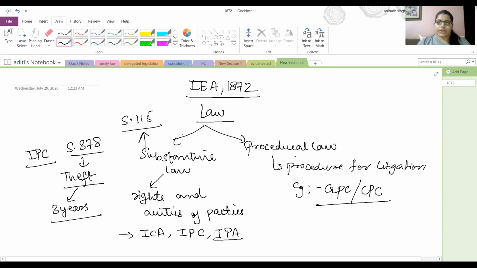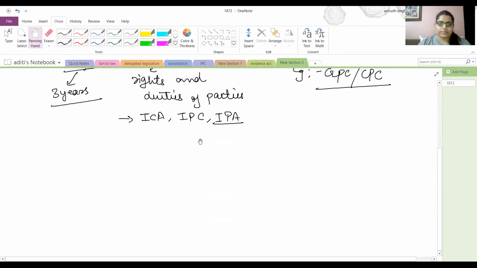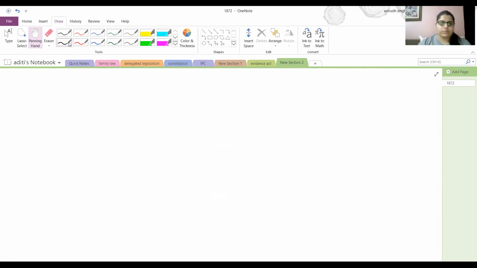Now, what does the doctrine of estoppel mean, or what does the rule of estoppel mean? Let's understand that. Section 115 of the Indian Evidence Act talks about the rule of estoppel.